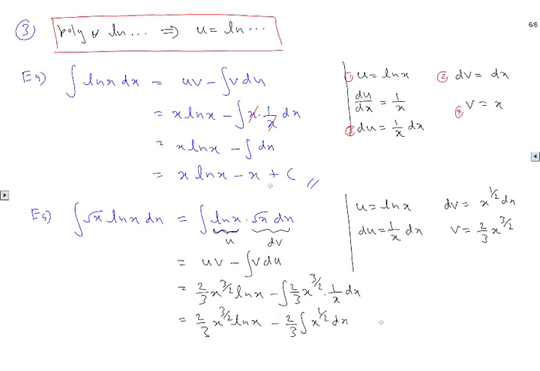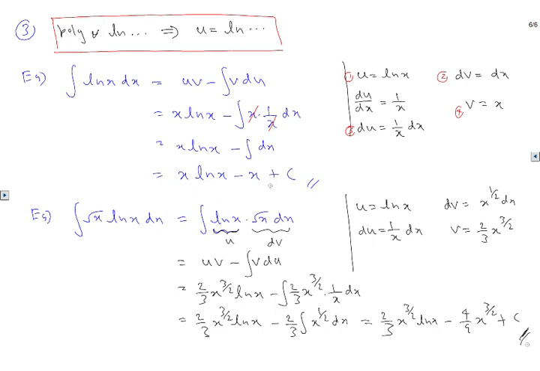Now you integrate that again, so you get 2/3 x to the 3/2 ln x minus another 2/3 x to the 3/2, so that means 4/9 x to the 3/2, plus c. You add the c at the end. Okay, so that is the answer.